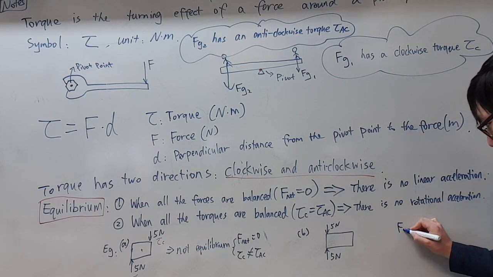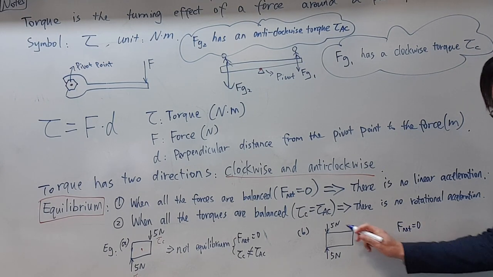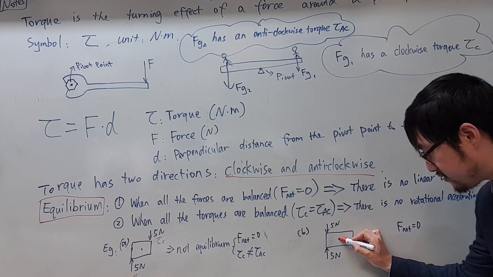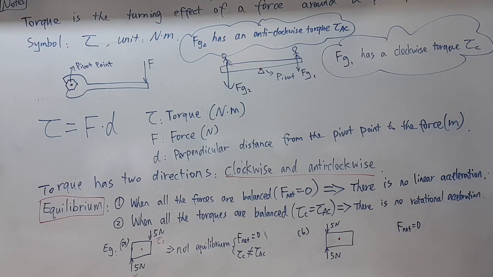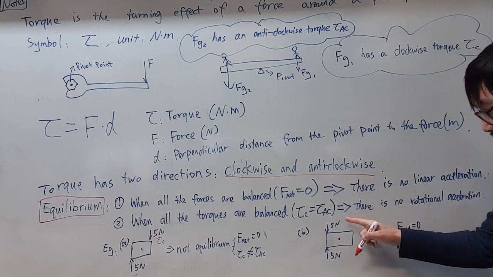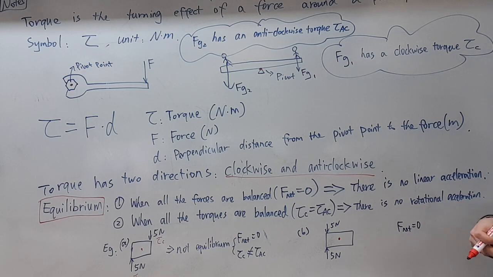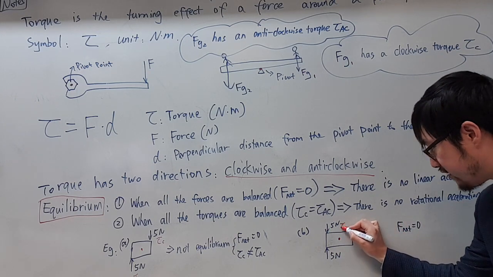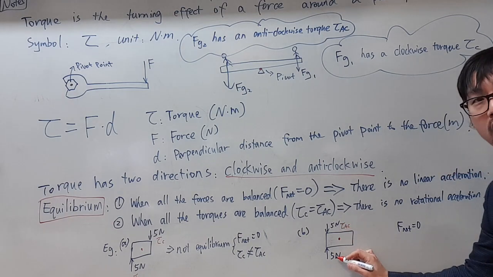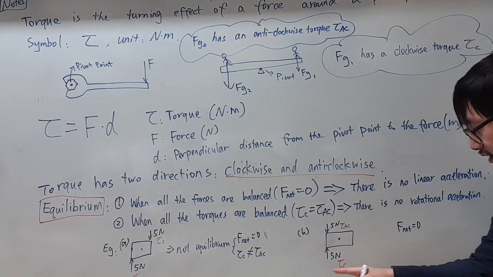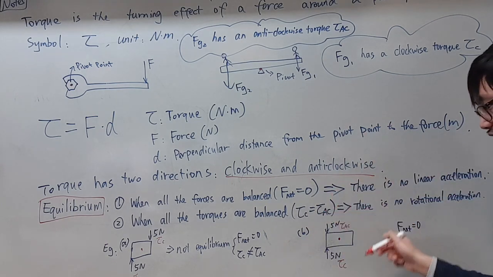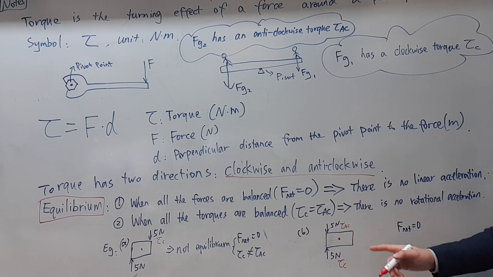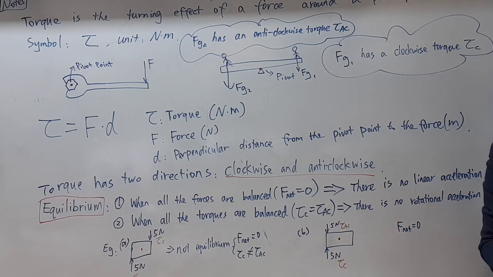I'm going to say the net force equals 0. And then let's have a look at the torque. I put this point, still the center of mass, as the pivot point. So what kind of torque does this force give it, the top one? That's anti-clockwise, yeah. What about this one? That's clockwise, because it's going in that direction, right? And this is 5 Newton, that's 5 Newton, and the distance is the same. So now these two torques are equal to each other and balance.